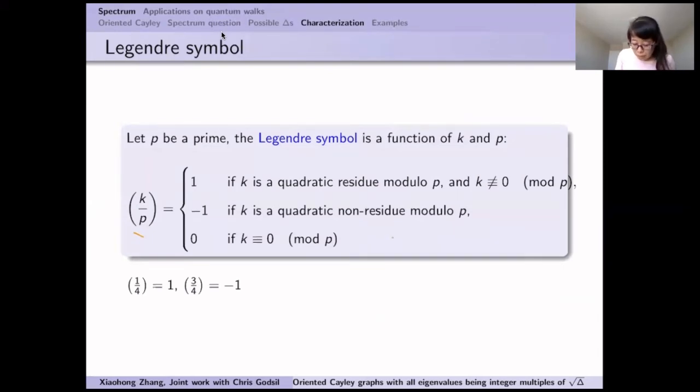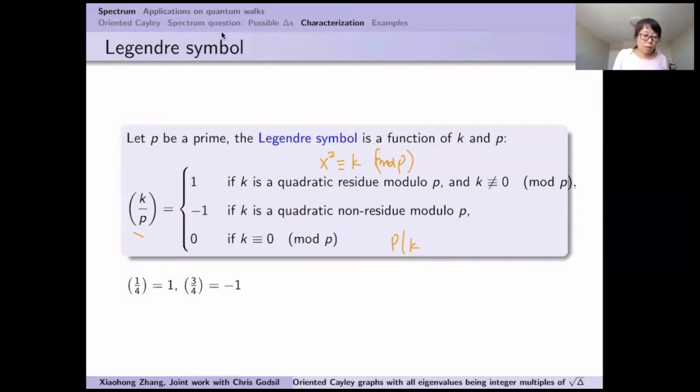If P divides K, this value is 0. It's 1 if and only if K is a non-zero quadratic residue. What does this mean? It just means there exists some number x such that x squared is congruent to K modulo P. If there is no such x, it's a quadratic non-residue, then the value is -1.